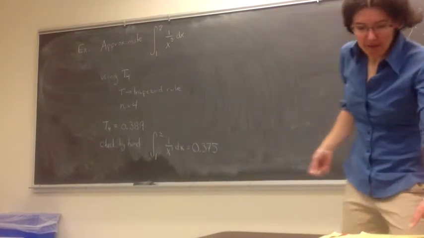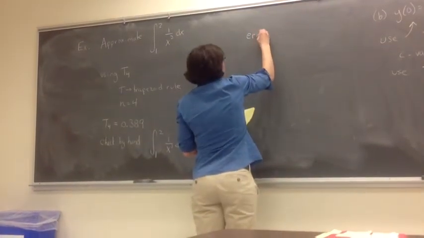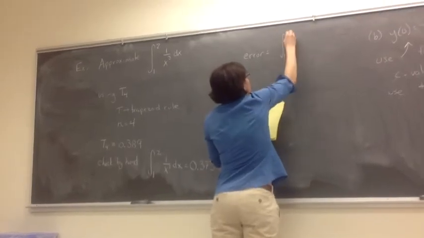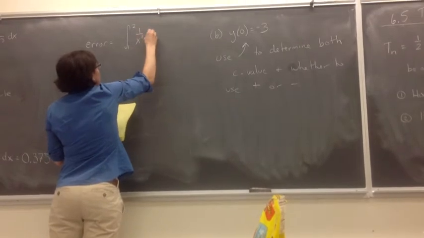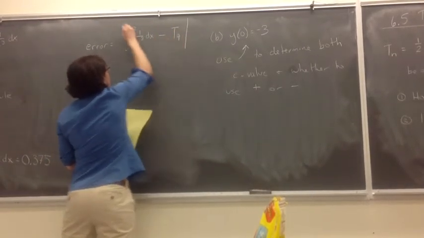All right, so we had this, and so we could calculate our error exactly. And so our error was the difference between the exact value, the integral from 1 to 2 of 1 over x cubed dx, and our T4 value.